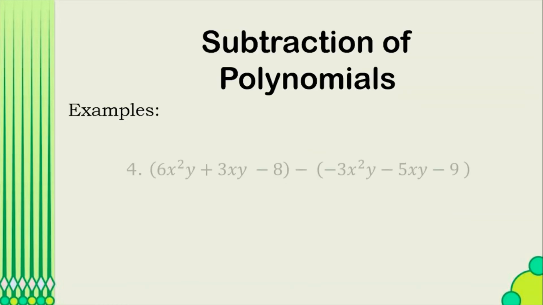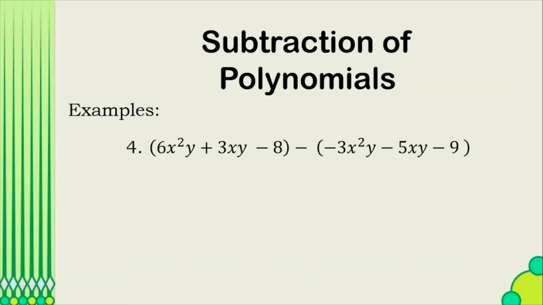Our last example, number 4, 6x squared y plus 3xy minus 8 minus negative 3x squared y minus 5xy minus 9. So copy the minuend. So copy 6x squared y plus 3xy minus 8.